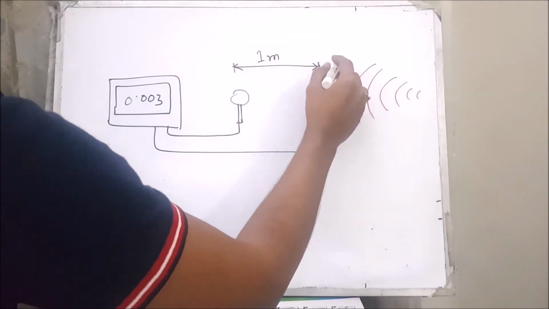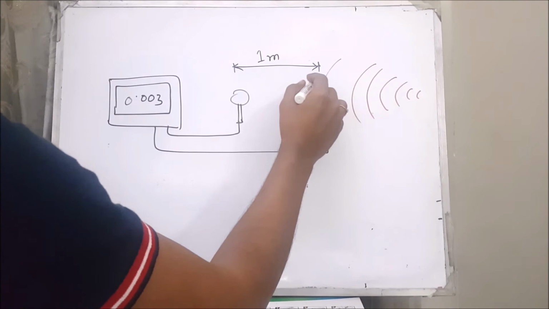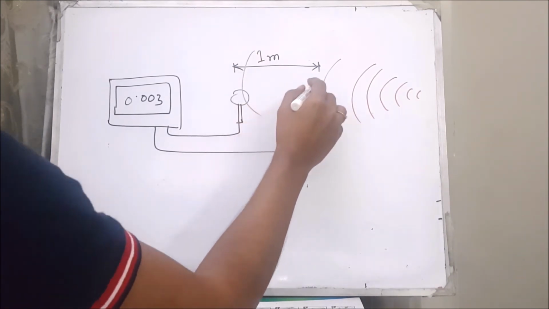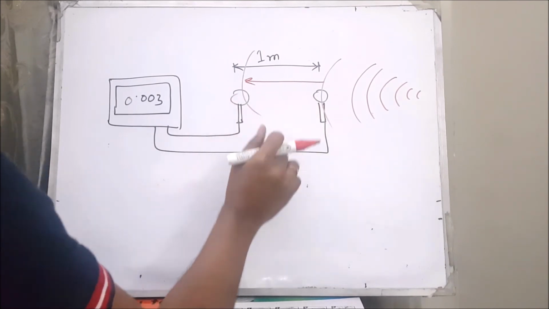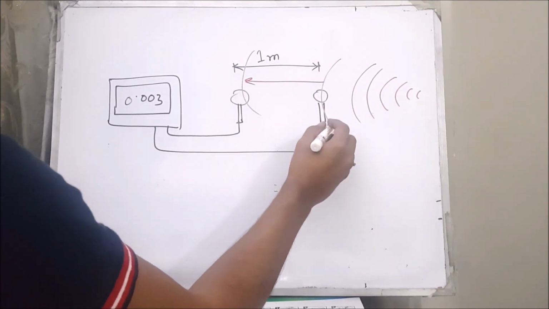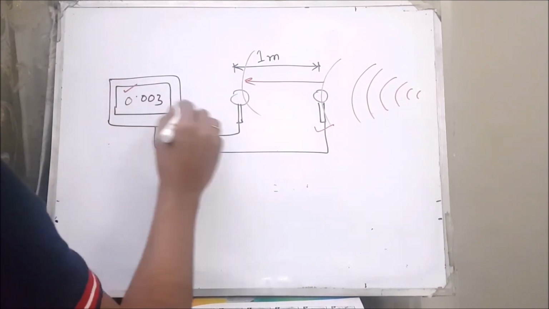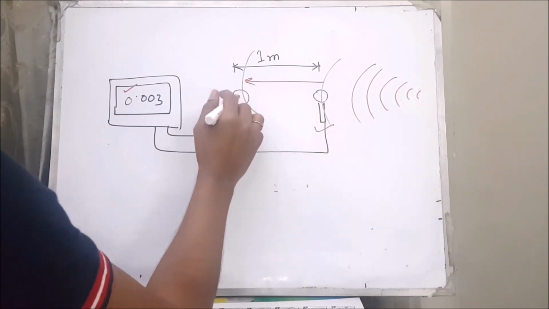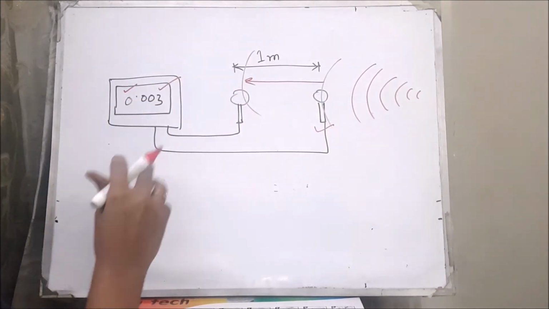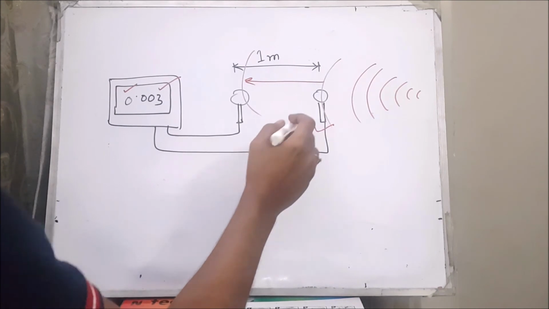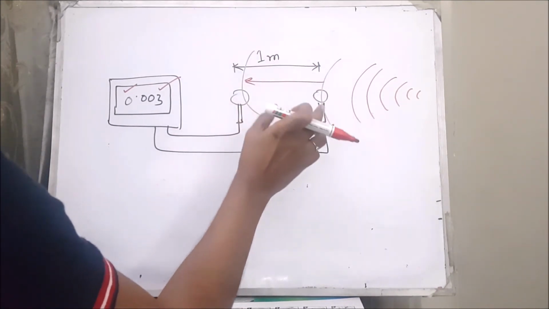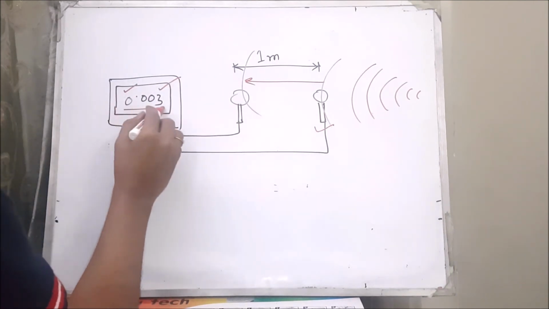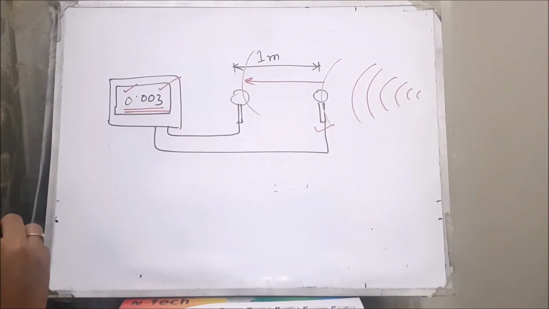This sound hits this microphone, and then it travels and hits this microphone again. Okay? This distance is 1 meter, and when this sound hits this microphone, the timer starts, and when this sound comes and hits this microphone, the timer stops. The time taken for the sound to hit this microphone after hitting the first microphone, that is the time taken to travel from here to here, is displayed by the machine as 0.003 seconds.